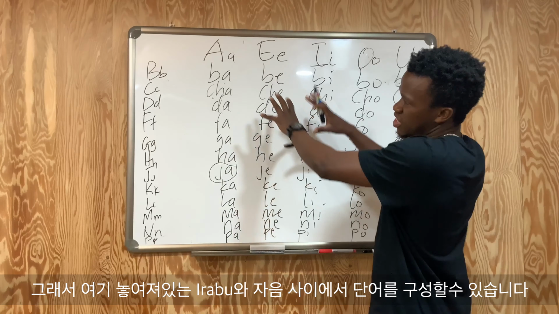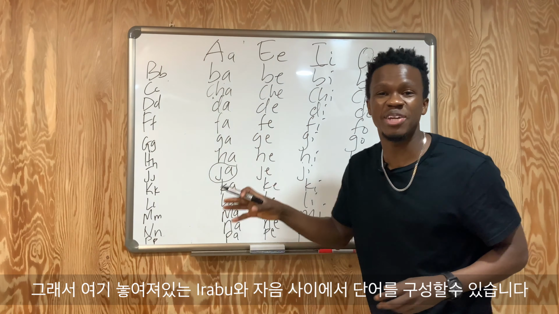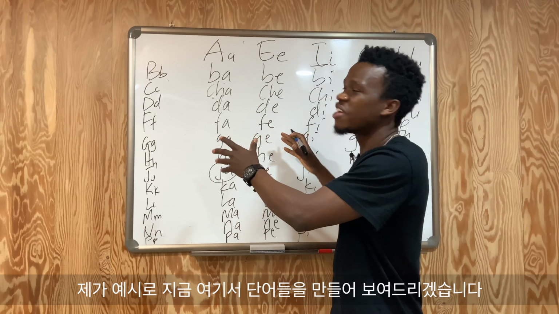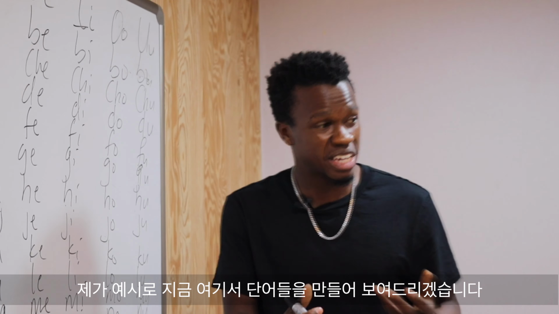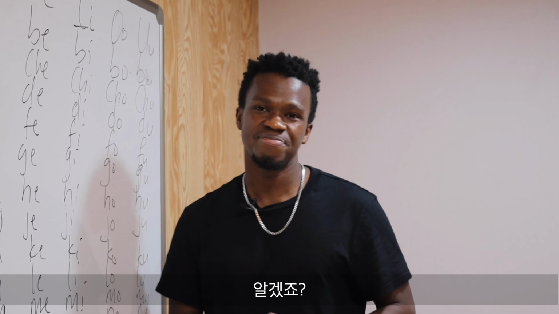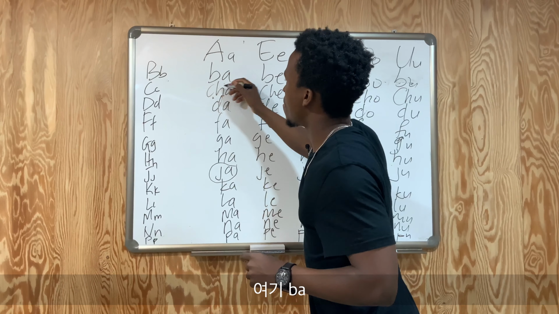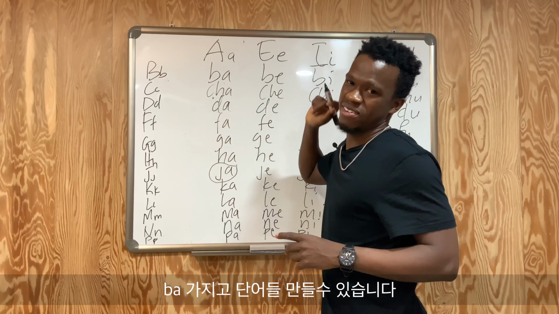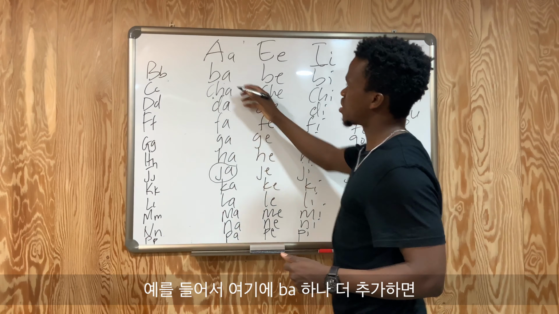So, for instance, these are the consonant and irabu combinations, and this is where you get words. I will try to create different kinds of words from this list. Right now, I'll just show you an example. For instance, this one, ba. We can get so many words from this ba.